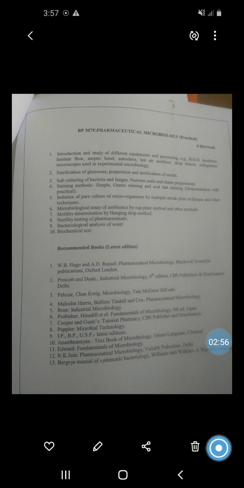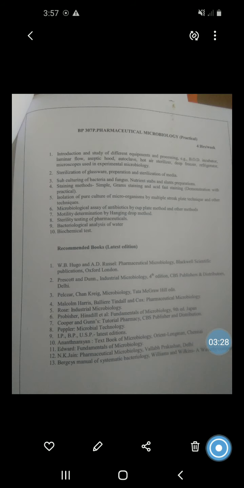I have already discussed the microscope. A microscope consists of two lenses: first, the eye lens, and second, the objective lens.